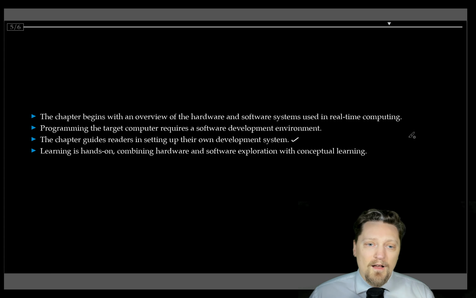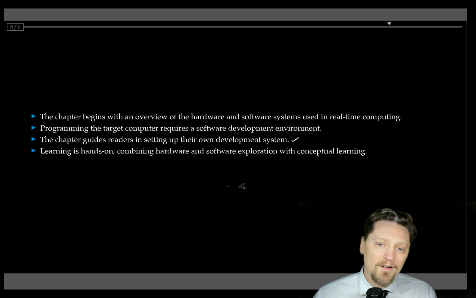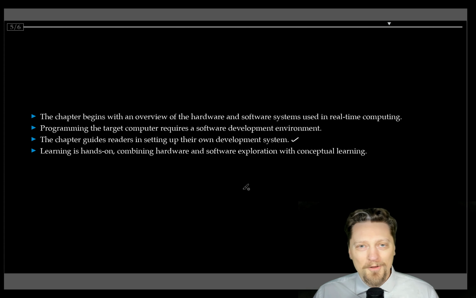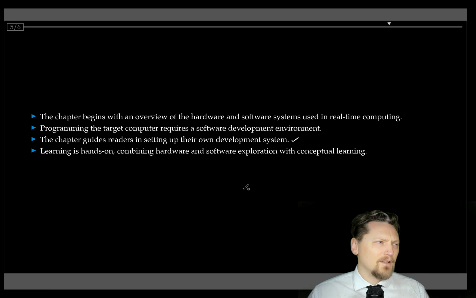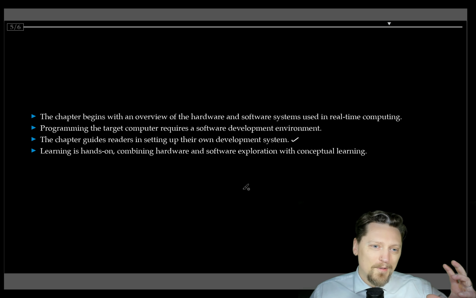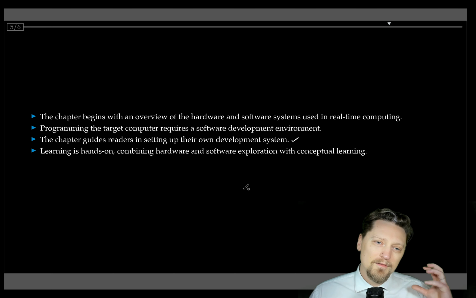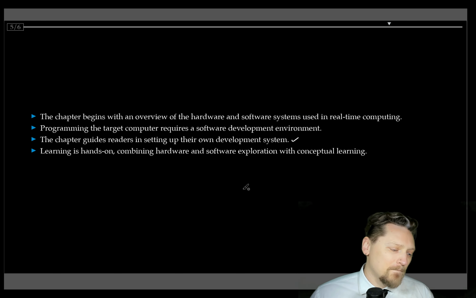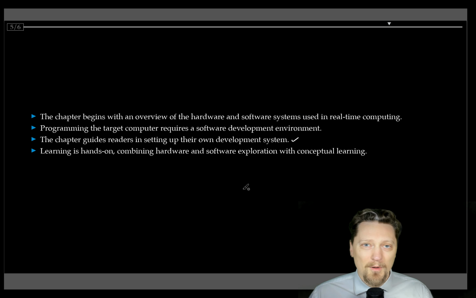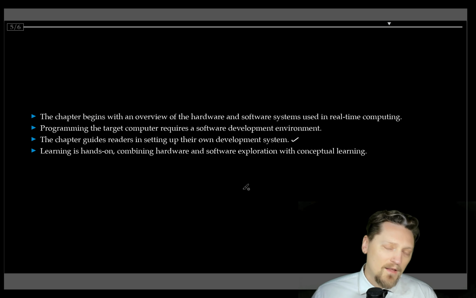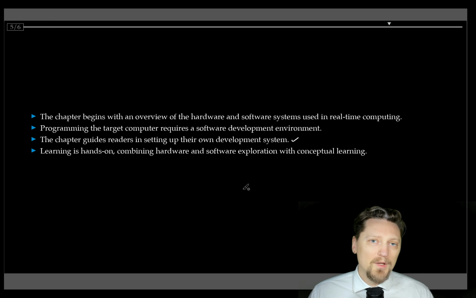Learning is hands-on, combining hardware and software exploration with conceptual learning. So there will be a lot of conceptual topics. We're going to introduce each chapter just in time for the labs. Sometimes we'll go into topics that we won't instantiate in the labs, but in most cases, the topics we introduce in the chapter will be exercised in the lab exercise at the end of the chapter.